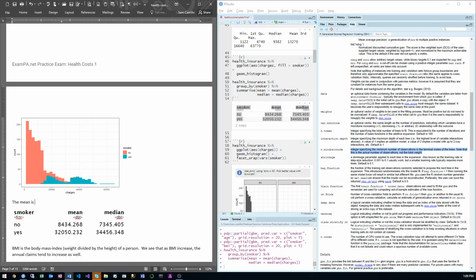The mean is much higher, 32,000 for smokers than non-smokers. Eight, 4, 3, 4. This is the median.